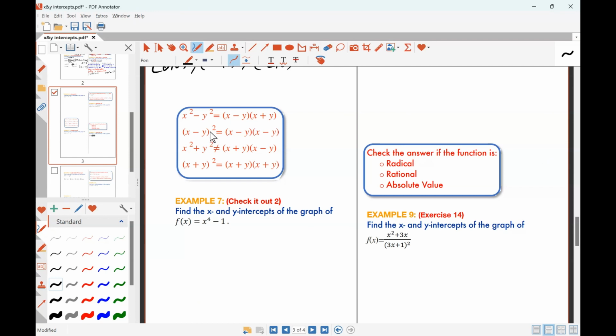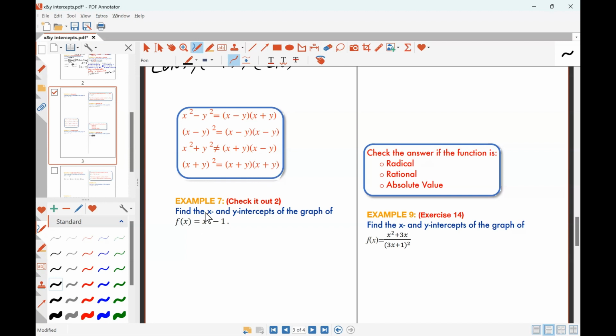X minus y squared in a bracket, on the other hand, is x minus y times x minus y. And x squared plus y squared doesn't have an expansion rule. Don't confuse this with the last one, x plus y in a bracket squared. This is x plus y times x plus y.